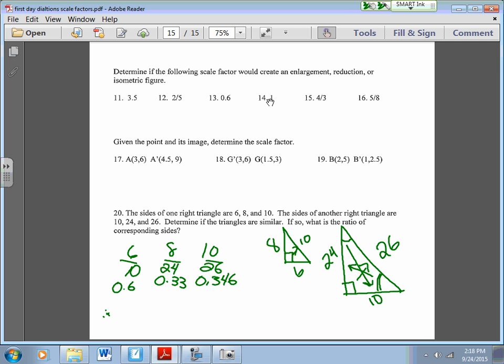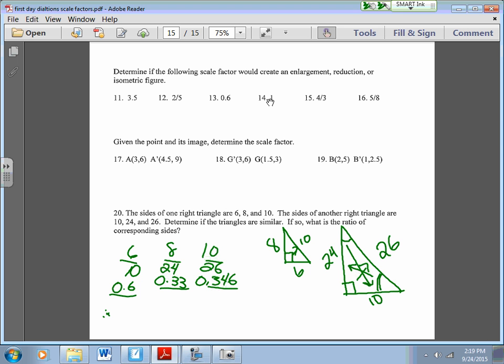All right, I'll leave it at that. Does everybody agree those numbers are not the same at all? All of those numbers had to be the same if that triangle was similar. So what that means is these triangles, the fact that they're right triangles, that's good, but that's not enough information.